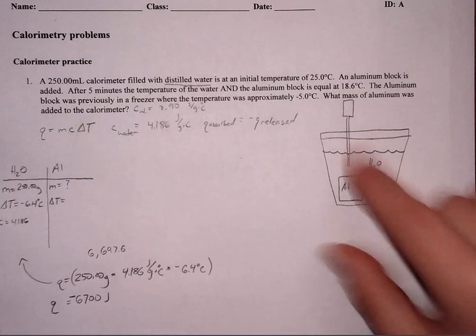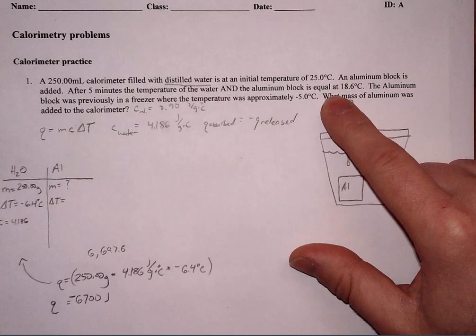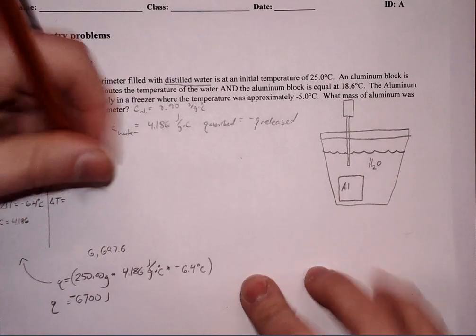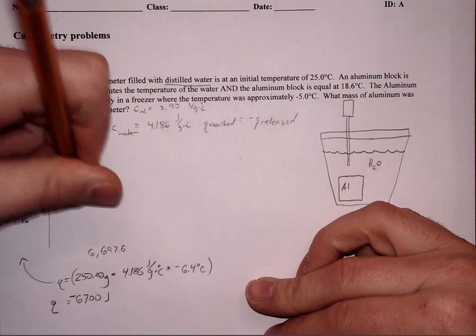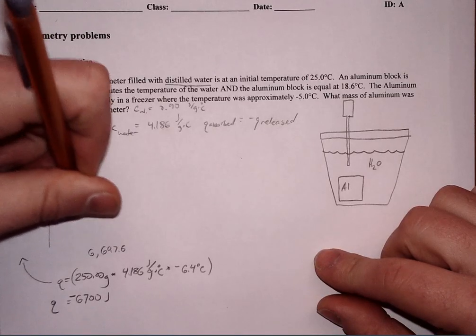And that's because it's already at a negative. My change in temperature is going to actually be 23.6 degrees. And I know that my specific heat of aluminum is 0.90.